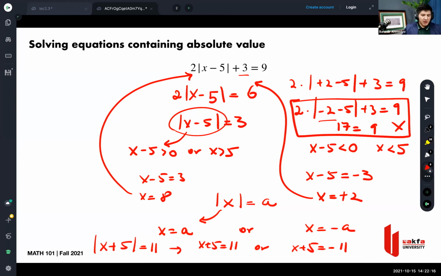Okay. So whenever you get rid of the absolute value sign, you need to equate the expression to the plus right-hand side and to the minus right-hand side. It is how we are going to deal with equations which involve the absolute value sign.